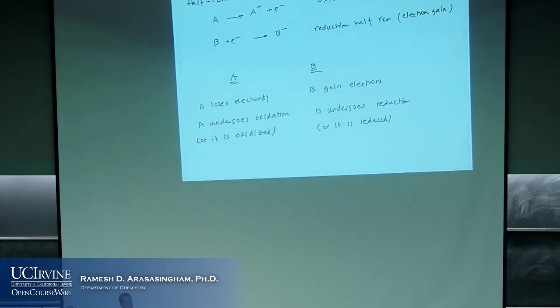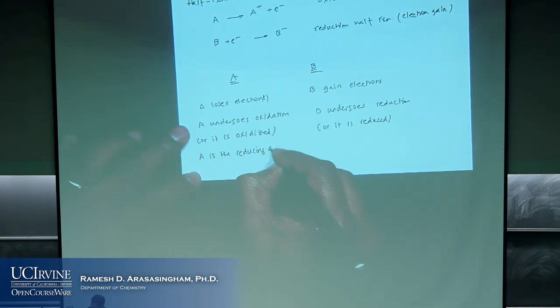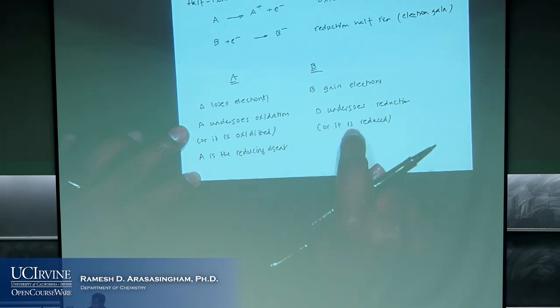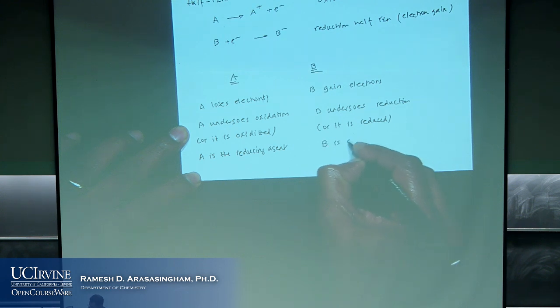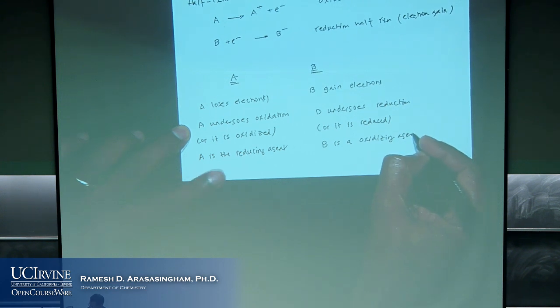Now, last time we looked at, when you look at redox reactions, you need to be able to identify what is undergoing oxidation or what is being oxidized, what is undergoing reduction, what is being reduced. The next is that you need to know which is the agent. Since A is undergoing oxidation, A is the reducing agent. This is the agent that's responsible for reducing the substance which is undergoing a reduction. And B is an oxidizing agent.